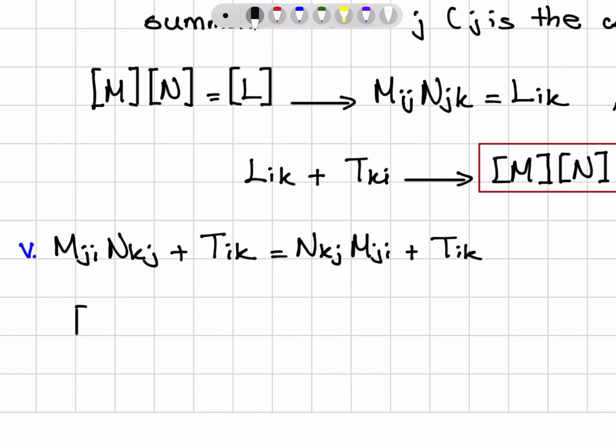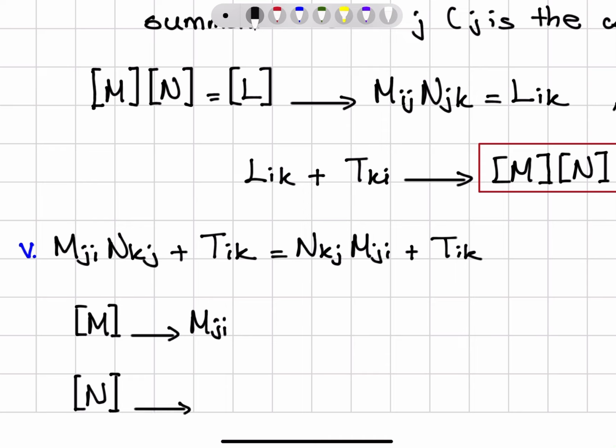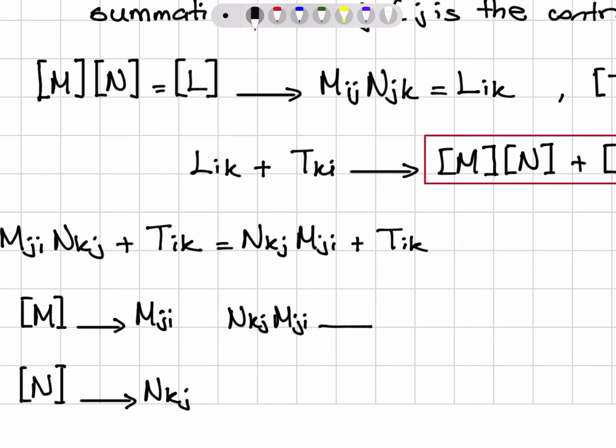So if the M matrix is represented in subscript summation notation with Mji, and the N matrix is represented with Nkj, then Nkj times Mji implies we have the product of the two matrices, the N matrix multiplied with the M matrix.